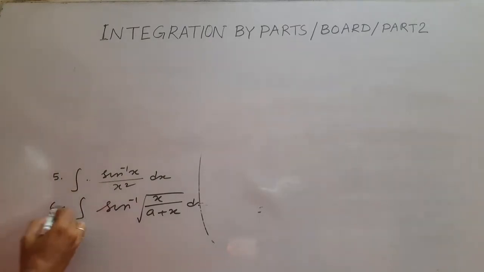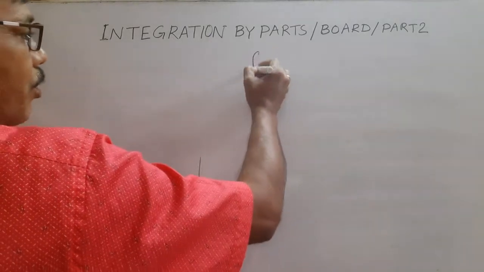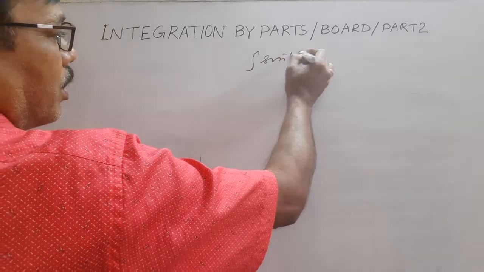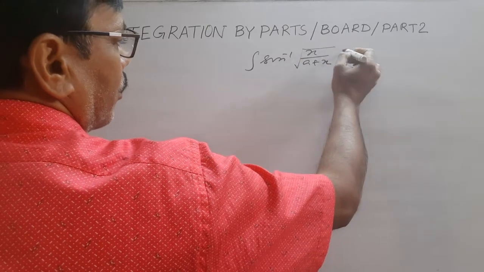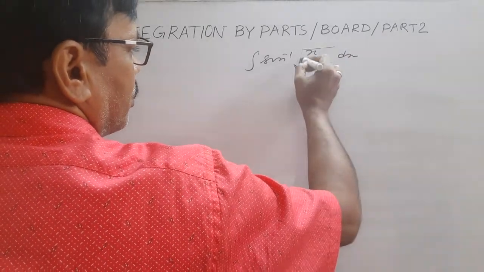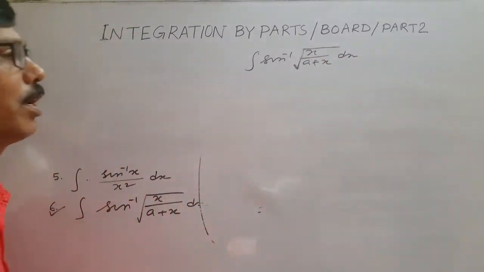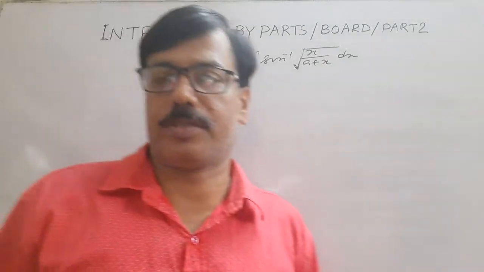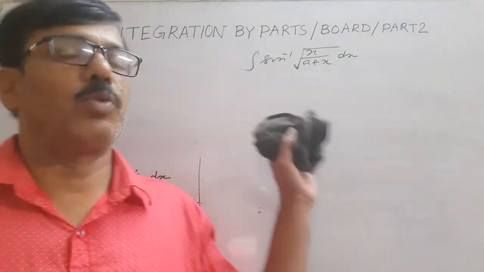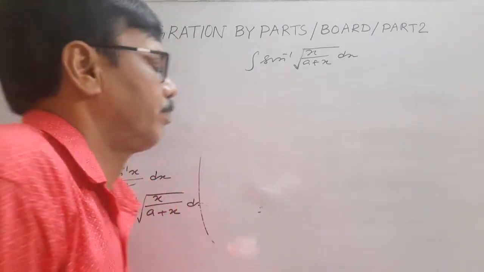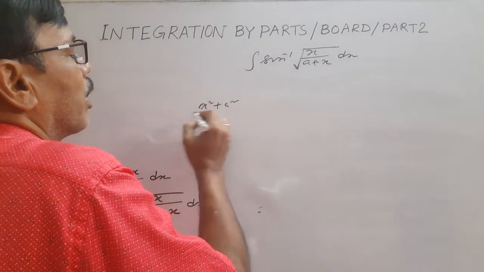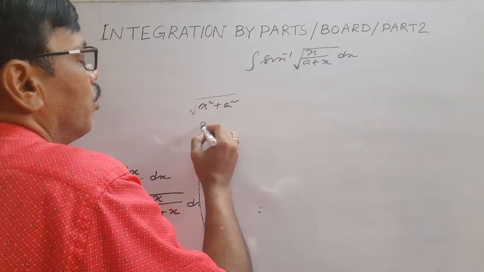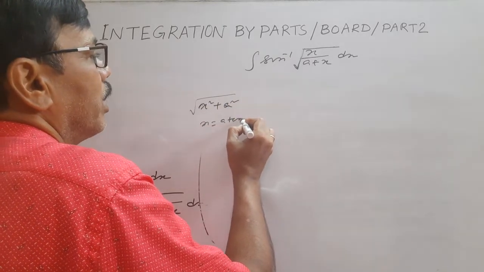Then problem number 6. Sin inverse root of x by a plus x dx. So we have to put a transformation. We know if it is x square plus a square within root, then we put x equals a tan theta.